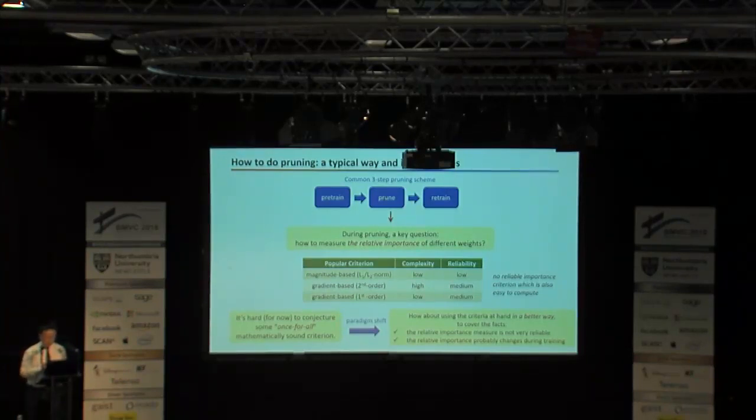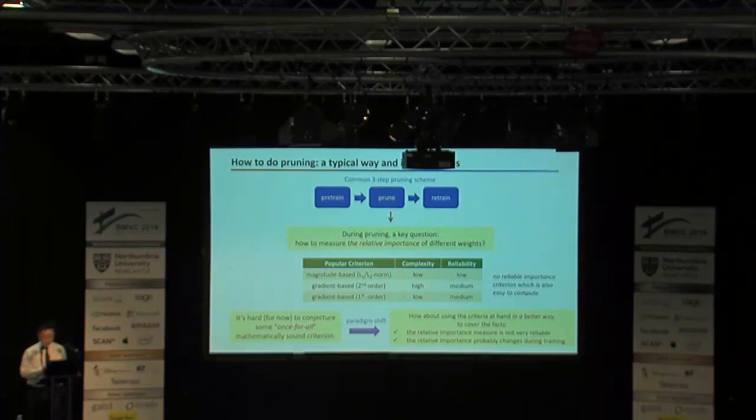Well, normally the typical way to do pruning is like this. Firstly, we prune unimportant weights or weight groups, which are the columns in our paper, and then retrain the whole network to regain accuracy. Then a problem arises: how can we measure the relative importance of different weights?